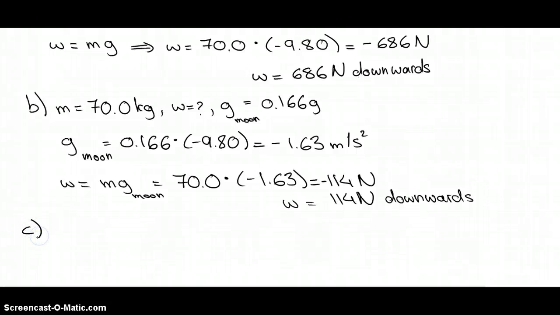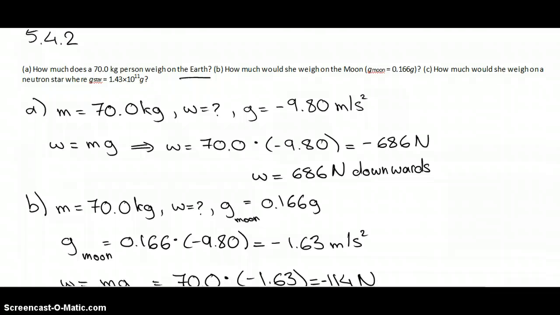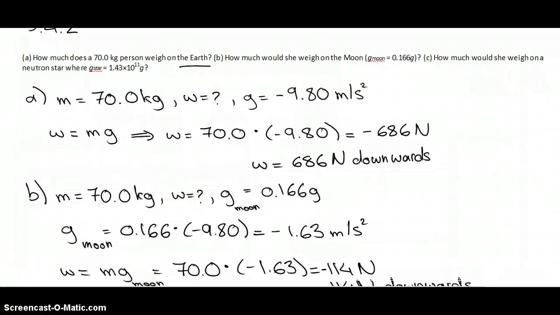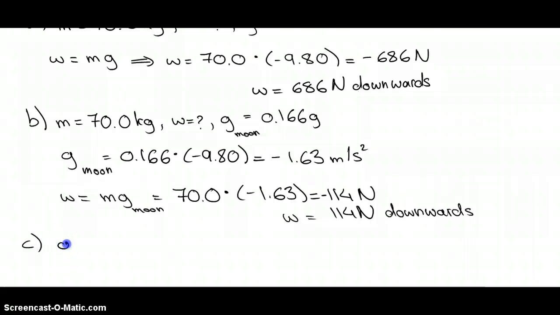C, they ask us to find the weight on a neutron star, where the gravity of the star is huge, 1.43 times 10 raised to the power of 11 the gravity on Earth.